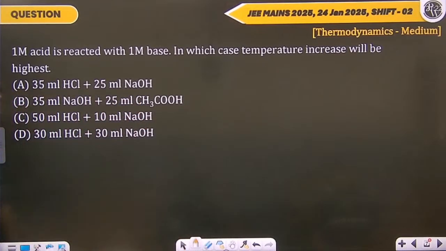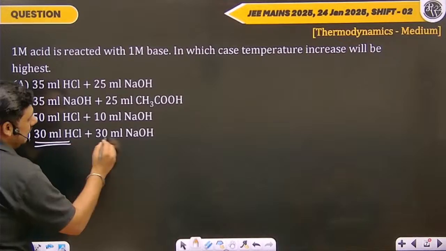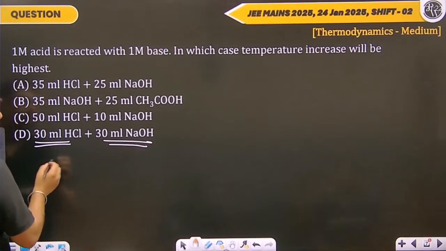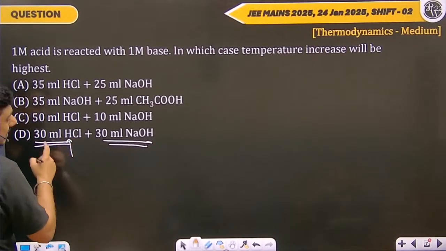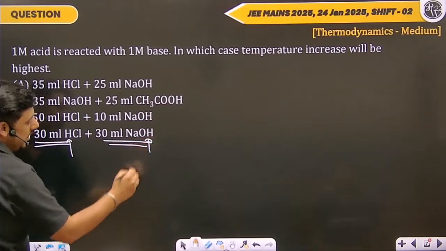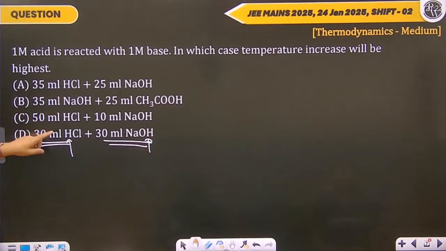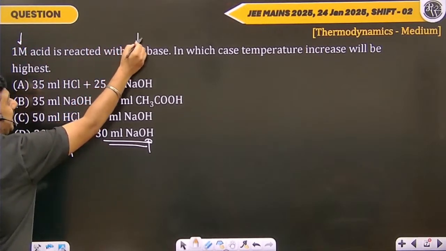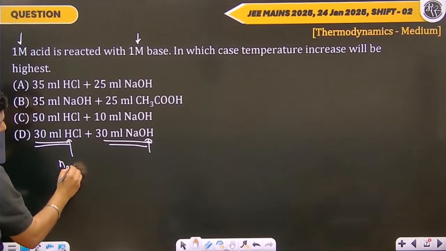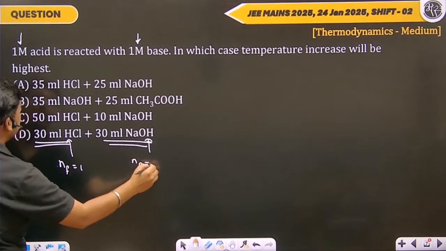So in all the given options, the acid and base should be strong acid and strong base for sure. So in all the given options, the D option has equal volume of both acid and base. Both will be giving 1 H plus and 1 OH minus. So this is a monoprotic acid and this one is a monobasic base, and both have equal concentrations also. So the N factor is the same for them. The N factor over here is 1, over here it is also 1.